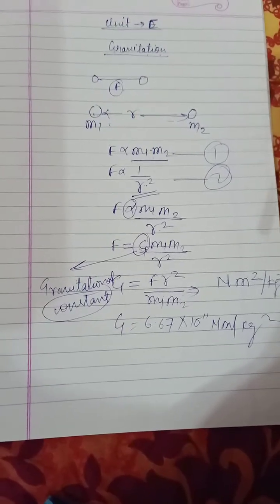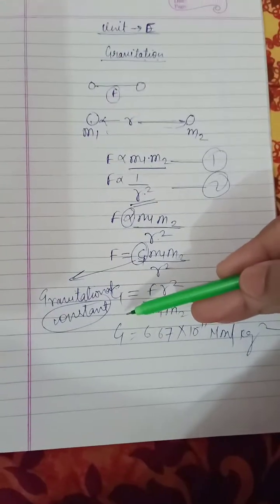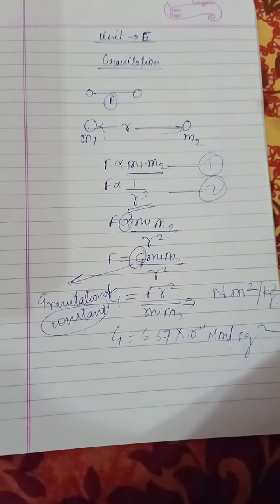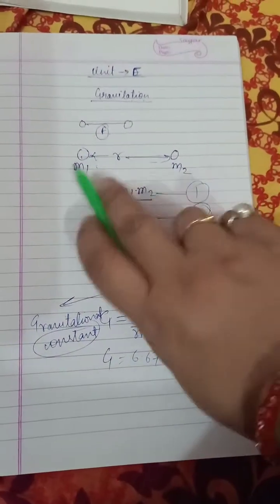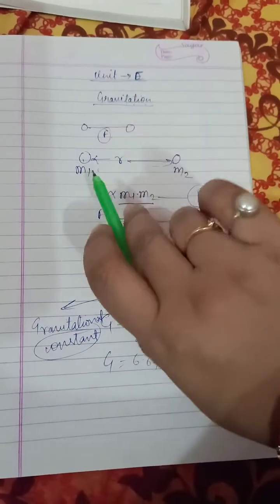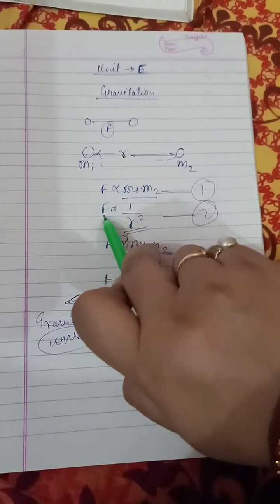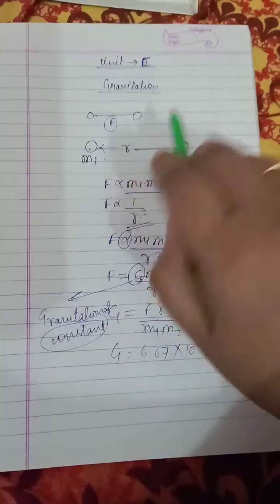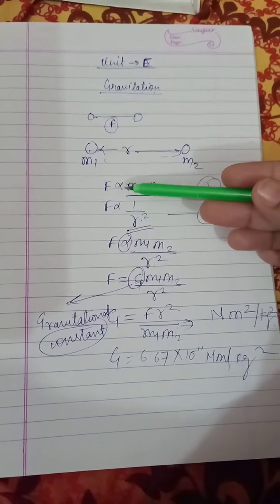Now we have to keep some points in mind for this gravitational force. First, the force of attraction between the two masses, this F, is always attractive, not repulsive.